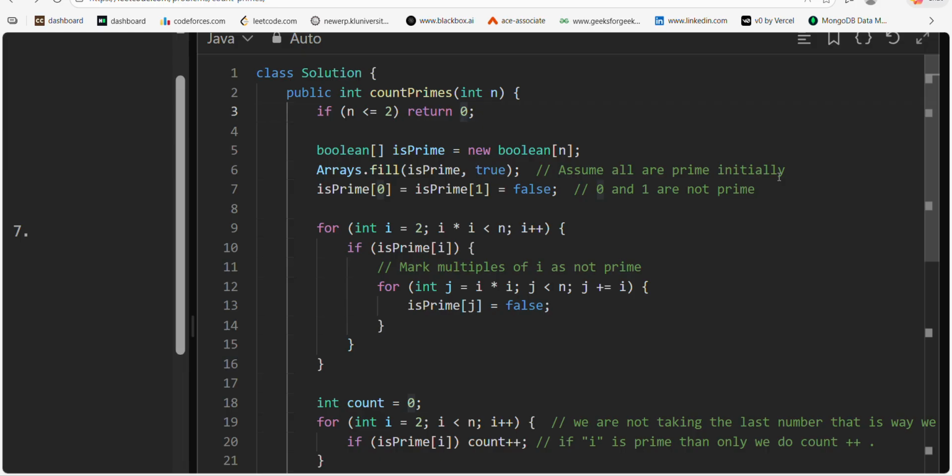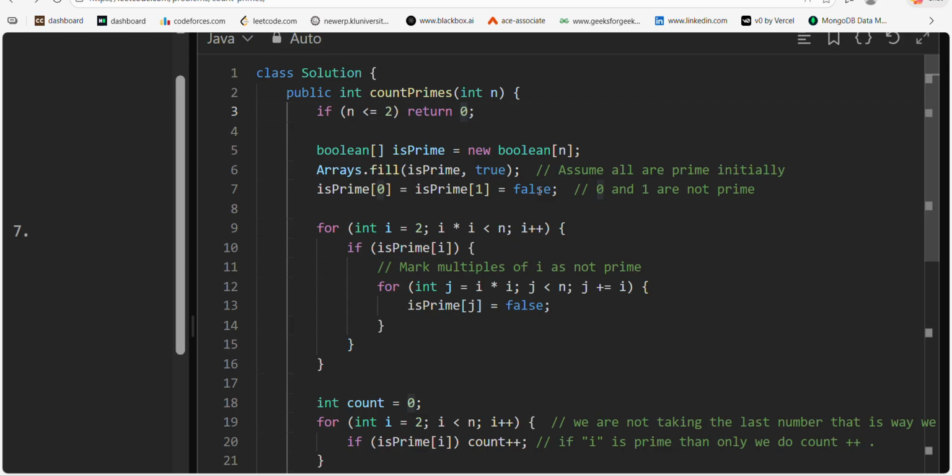After that, we fill it as all prime initially, and then remove numbers one by one, checking whether each is prime. One more thing: we take 0 and 1 as not prime because they do not count as prime, so we set prime of 0 and prime of 1 to false.